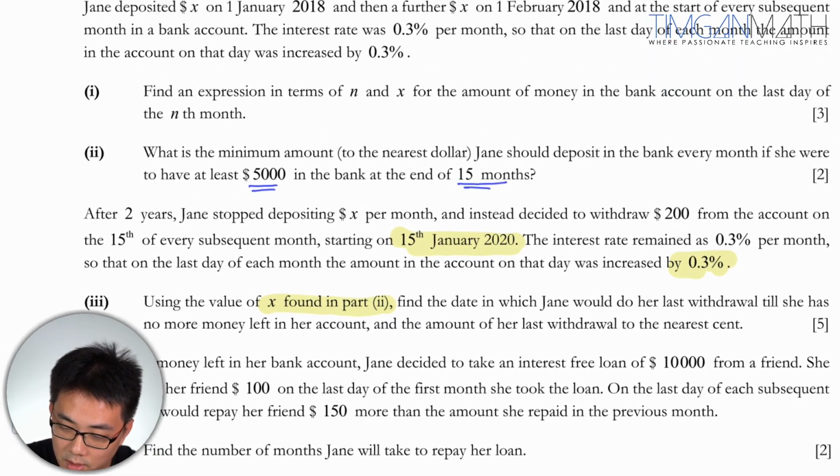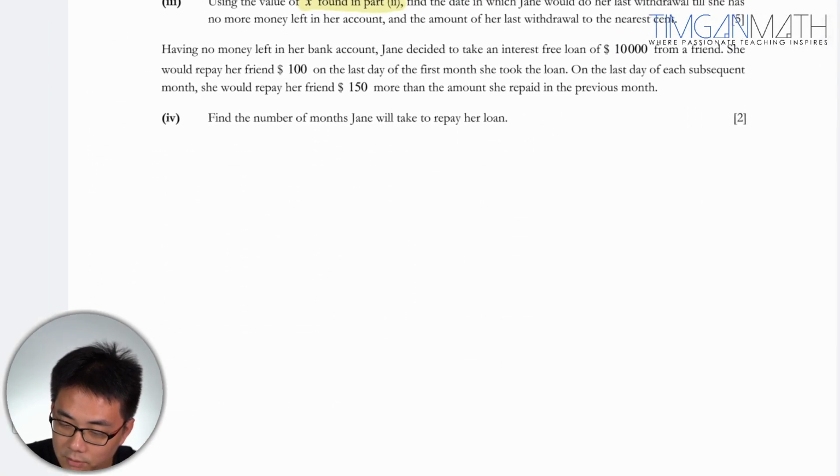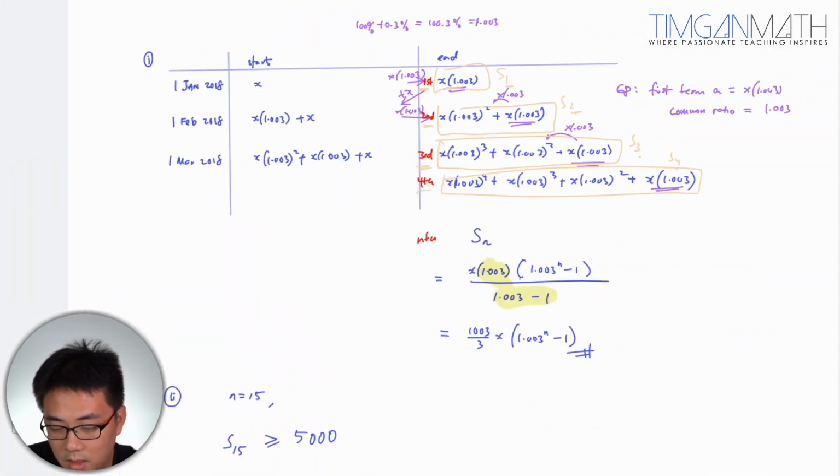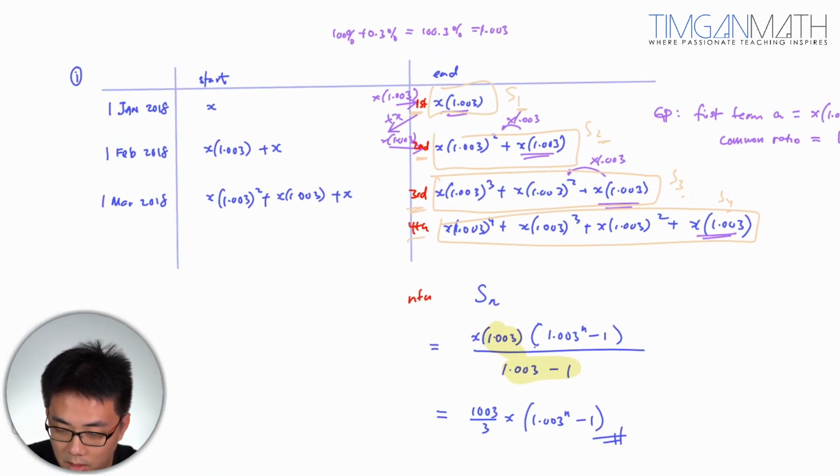Okay, let's try it. After 2 years, she stopped depositing X per month. Instead, she withdraws 200 starting from Jan. I think this question can be confusing because you have to find the amount at the end of 2 years, right?